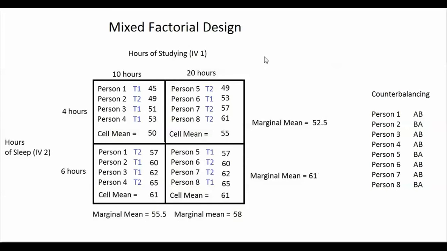When each person is tested a large number of times, the effects of fatigue can start to become dramatic eventually, which can start to possibly skew the results of the experiment. A mixed factorial design doesn't have that problem because each participant doesn't have to go through all cells of the experiment. Each person has to go through the 2 rows or through the 2 columns, but not through all cells of the experiment.